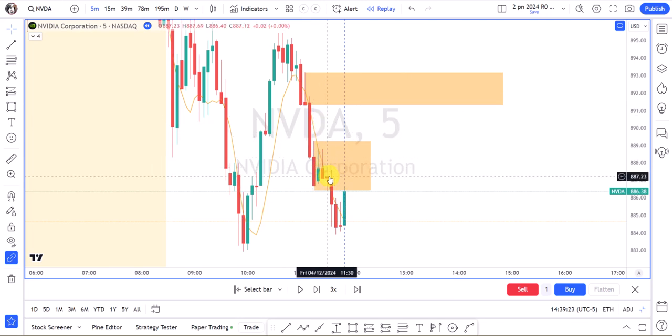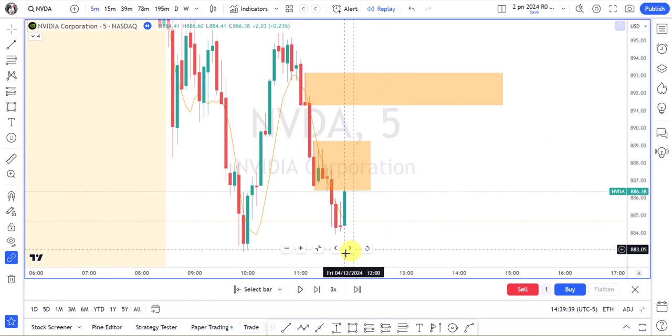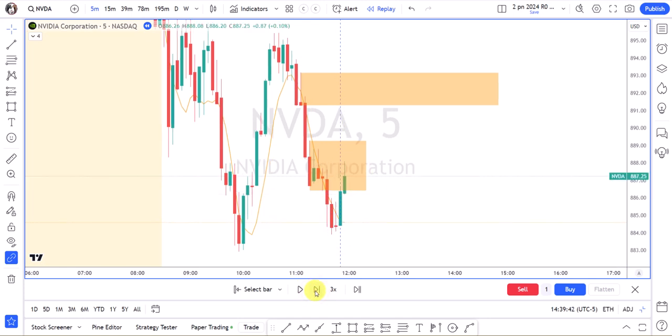So the reality is any indication of a liquidity sweep or relative highs in this area would be something that we'd be looking for if it were to go down again. So we're going to just move forward bar by bar, see what happens.